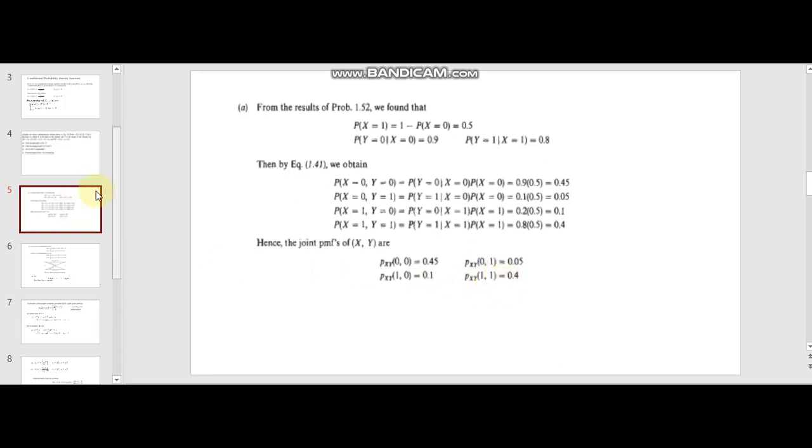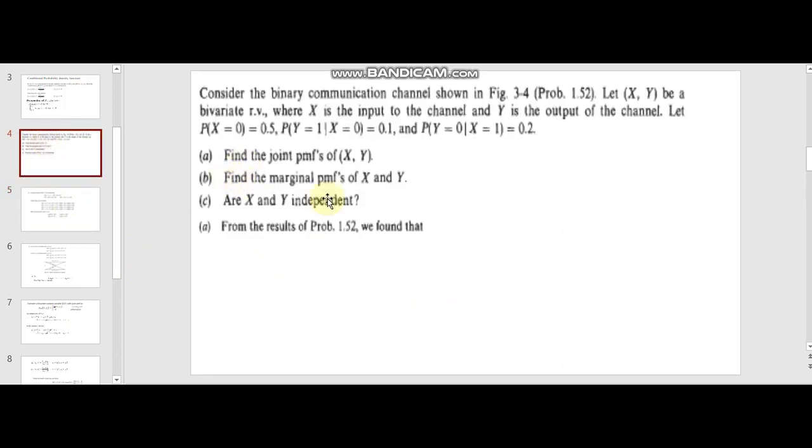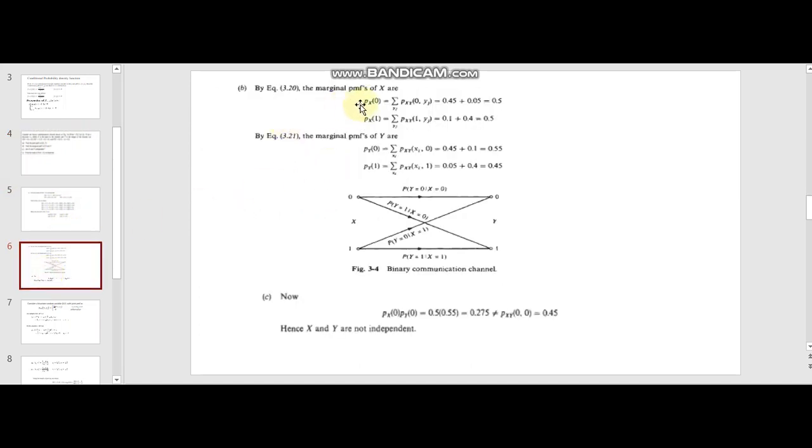So next, we have to find the marginal probability mass functions of x and y. Here, the marginal probability mass function of x is defined as follows. In this formula we have two possibilities. When x is equal to 0, then the output in this channel could be a 0 or 1.